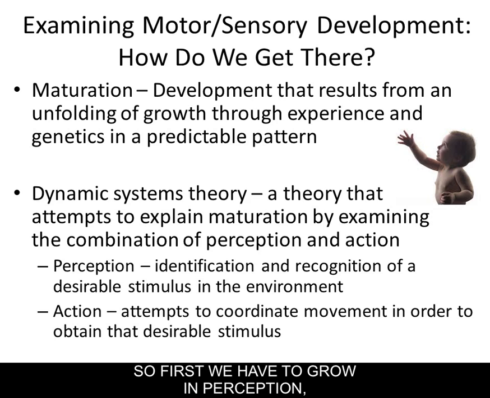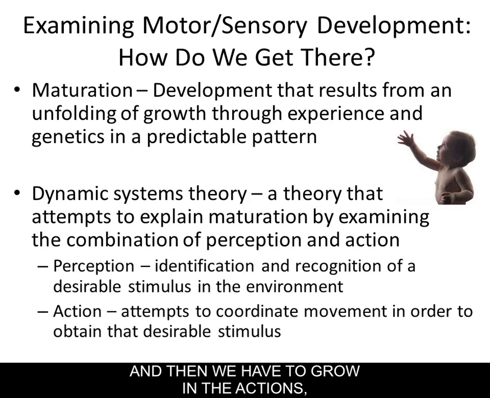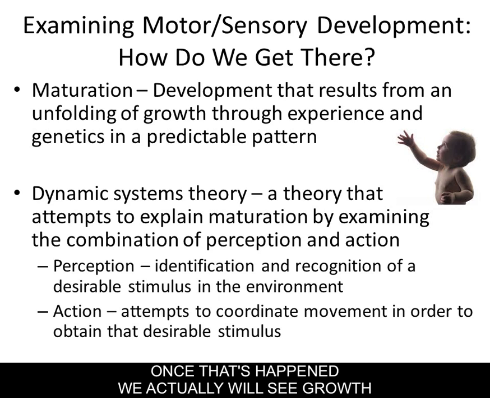So first we have to grow in perception, the ability to see things, the ability to recognize stimuli that are desirable, and then we have to grow in action, the ability to actually move, the ability to control our behavior. Once that's happened, we will see growth in the individual.